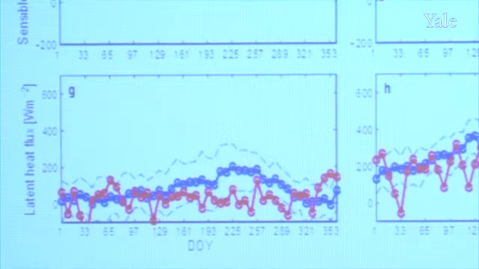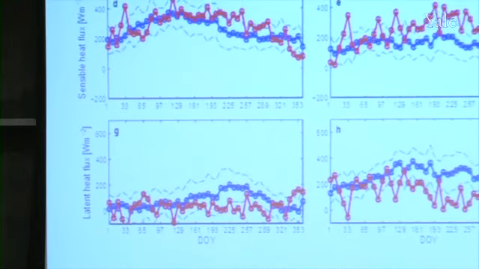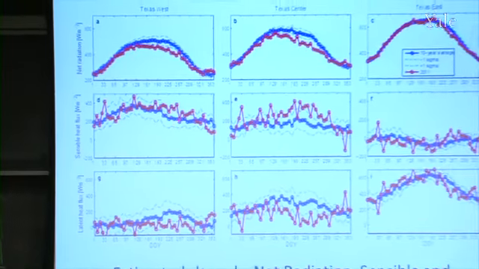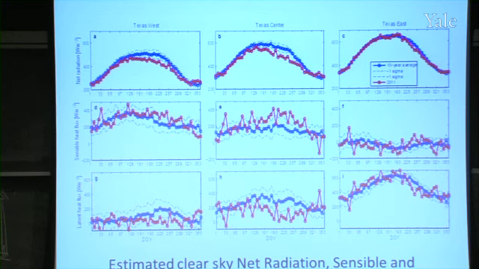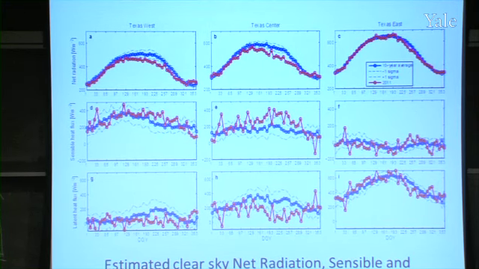What we do is deduce this from the satellite data, this from a combination of satellite data and surface data, and then this is computed just to fill out the budget. We have to conserve energy, so that's computed at the end.